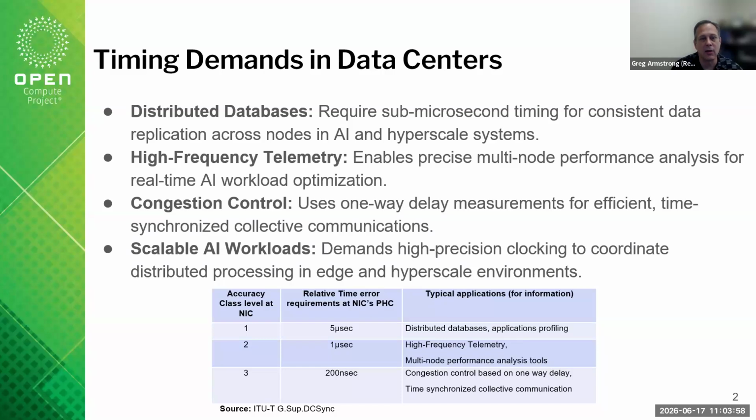Because of this, these timing constraints are well beyond what we can get with standard technologies such as the NTP protocol to distribute time, which you might get milliseconds or maybe sub-milliseconds with some hardware aiding, or other distribution mechanisms that are used today.